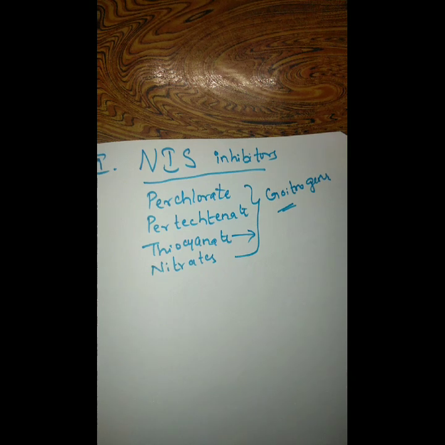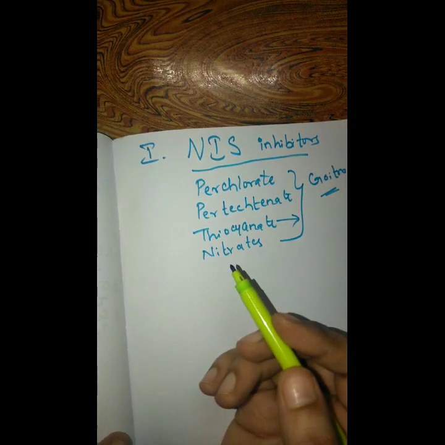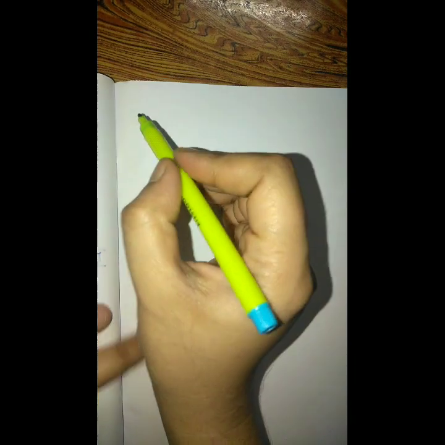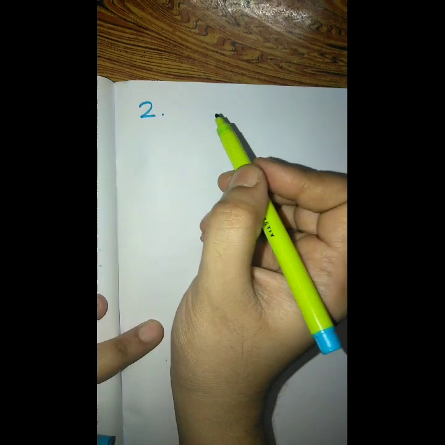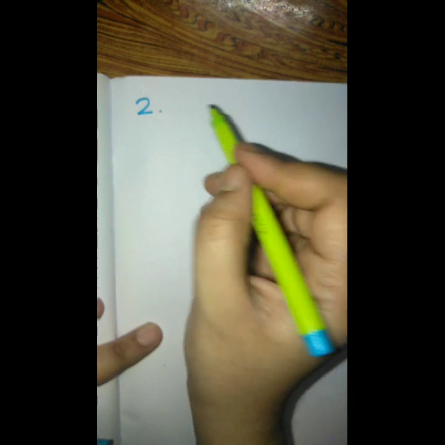Okay, now our second mechanism was to inhibit the enzyme thyroid peroxidase. So the second class of drugs are the drugs that mainly act by inhibiting the thyroid peroxidase enzyme. So we call them thyroid peroxidase inhibitors.